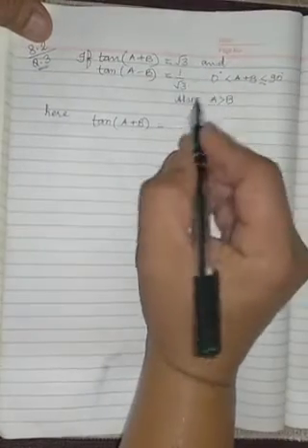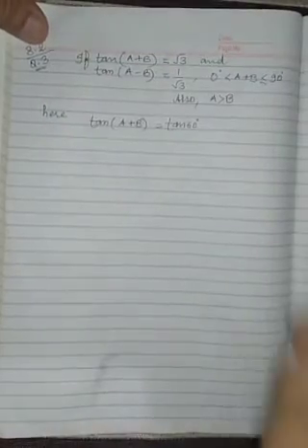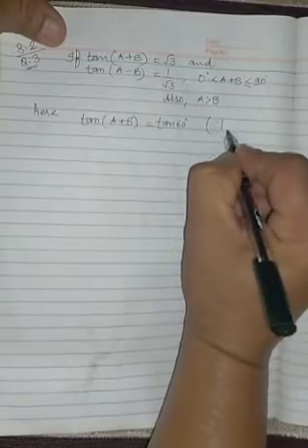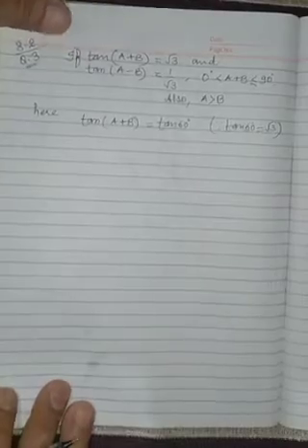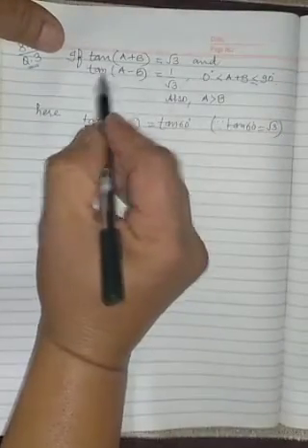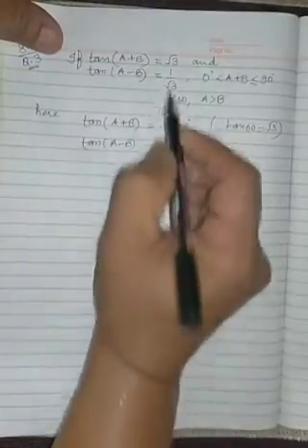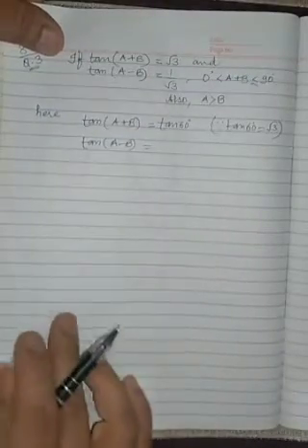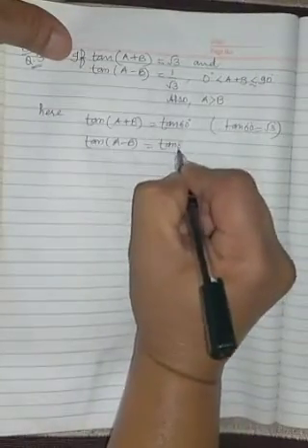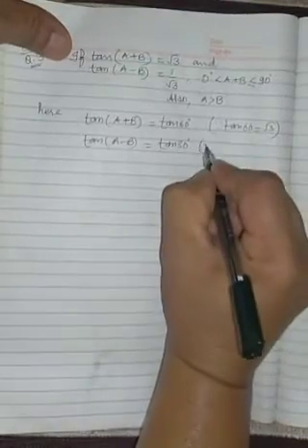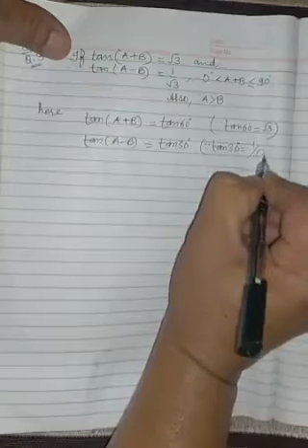So in place of root 3 we can write tan 60 degree, since tan 60 degree is equal to root 3, and tan(A minus B) is equal to 1 upon root 3. Now 1 upon root 3 is the value of tan 30 degree, since tan 30 degree is equal to 1 upon root 3.